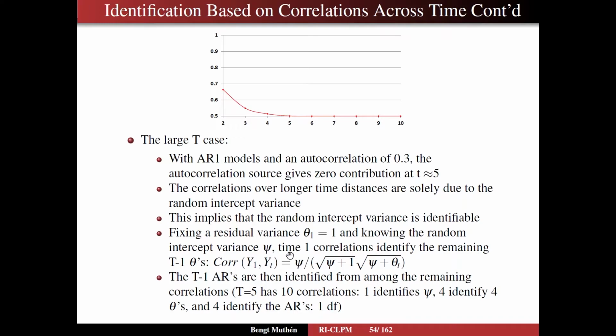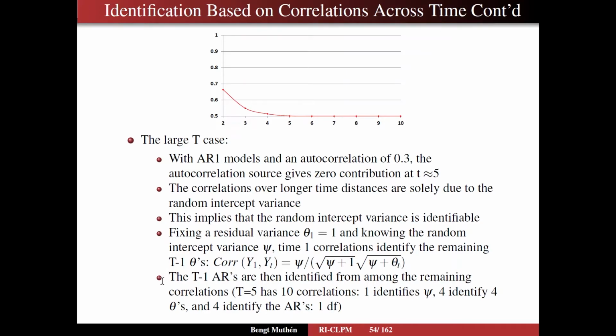The covariance for longer time distances is solely captured by psi. At the first time point, the variance of y star is psi plus 1, and at the later time point, it's psi plus theta sub t. So knowing a correlation, which is an observable quantity, and knowing psi, which we knew from previous reasoning, the only unknown is theta sub t. So with t minus 1 such correlations, we can identify t minus 1 theta sub t's.